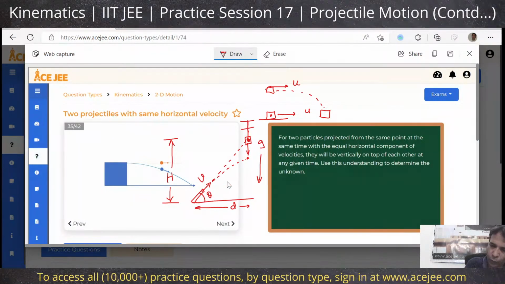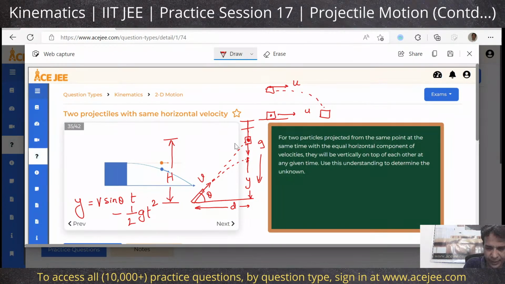Then what will be the vertical distance covered by the time the bullet reaches this end? Well, that'll be, let me call this y, y equals v sine theta t minus half gt square, right, Peter?